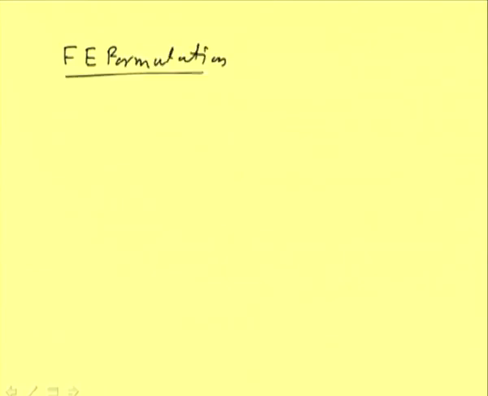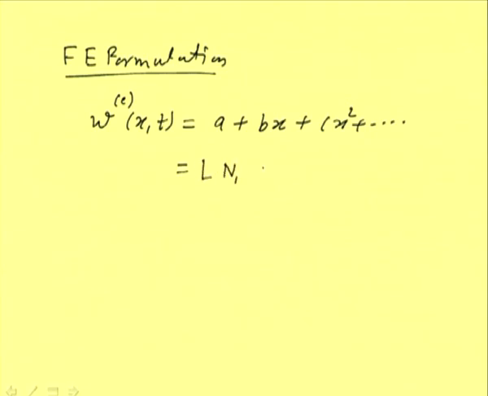So, for this, first we assume the solution, the displacement for an element in a polynomial form, let us say a plus bx plus cx square. It can be several terms. The number of terms finally depends upon the type of problem we are handling. At present we are keeping this in the general form, and this can be expressed as various functions.